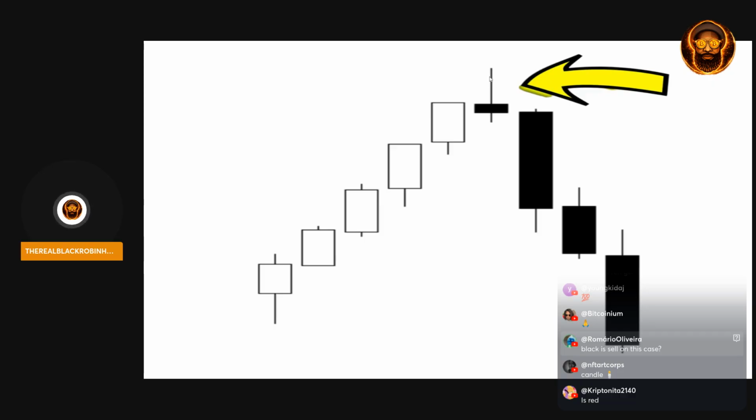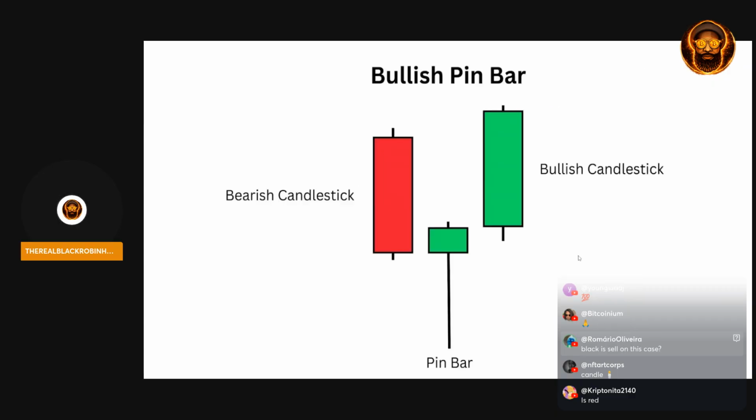So on this screen, the black is bearishness, right? That is selling. The white is buying. So the market was going up, up, up, and then it formed a pin bar here, right? And then since then, the market retraced. Bears came in and pushed it down, right? This is how it looks.